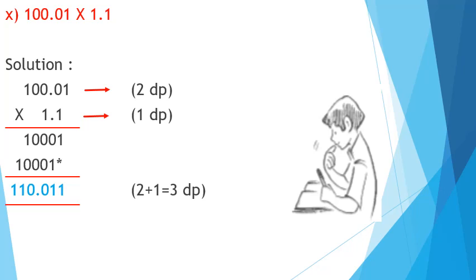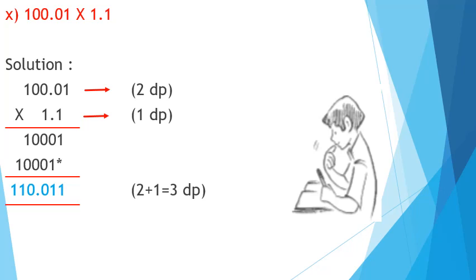1,10,011. After getting the answer, in the first step after 100 put a point and put an arrow mark and write on the right side 2 decimal places. And in the next step after 1 put the decimal point and put an arrow mark and on the right side write 1 decimal place.